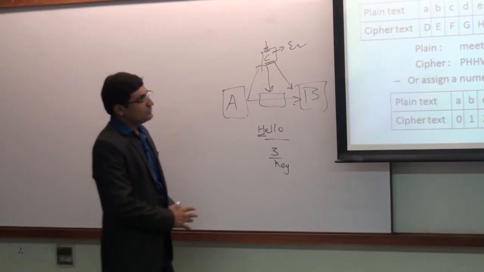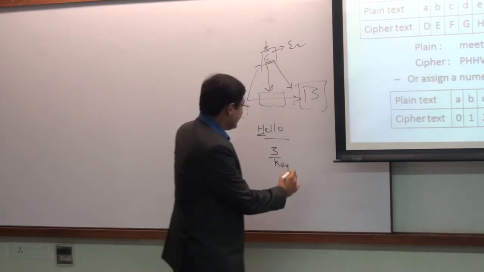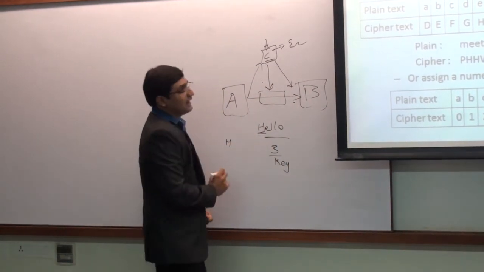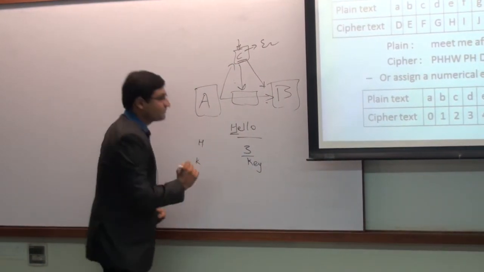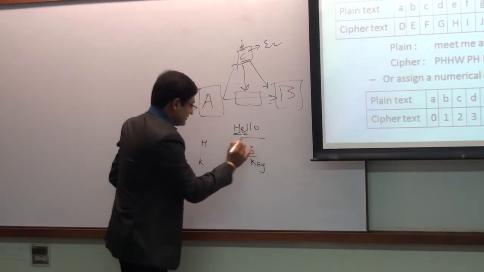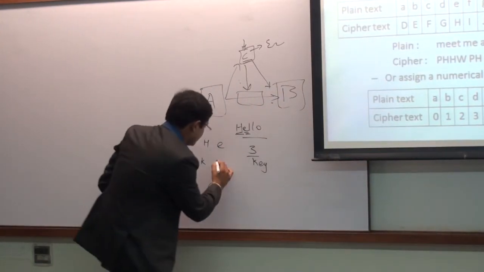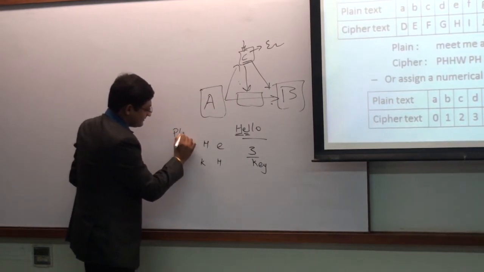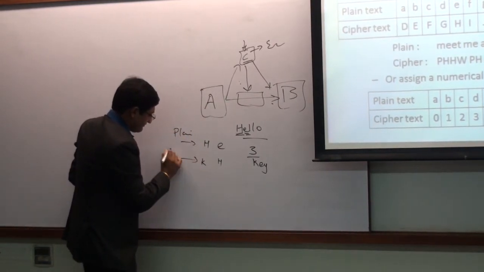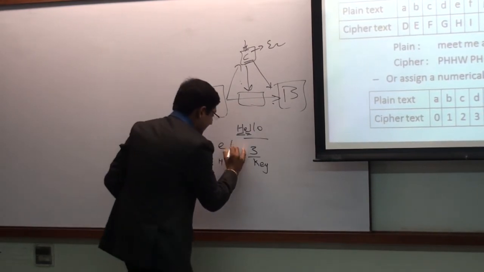Now just find out what stands for H. For H I can have the mapping letter K. Next is E, so I'll find out the mapping letter for E, that is H. This is your plain text and this is your ciphertext. Then L will come.